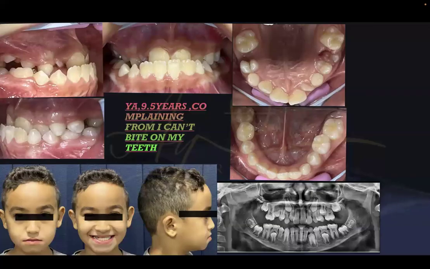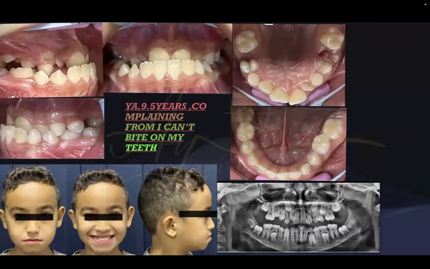What are the protocol and clinical steps of using rapid maxillary expansion? What will you do once there is a patient? The upper and lower impression is taken and sent to the lab.